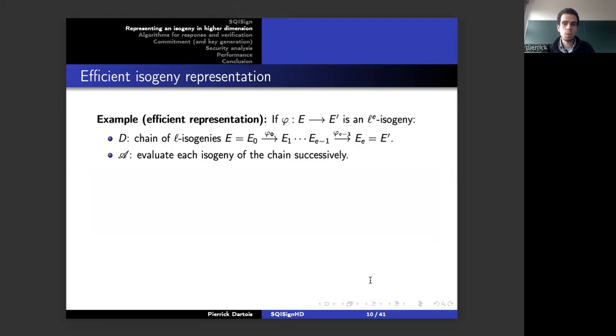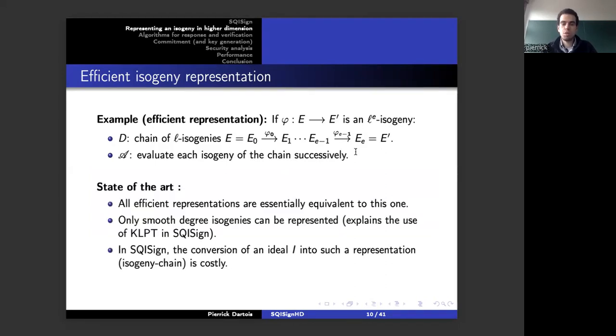So an example is when you have an L to the E isogeny, it can be decomposed into a chain of L isogenies, and it is an efficient representation because we have a simple algorithm. It's just that we evaluate each isogeny in the chain successively to evaluate a point.